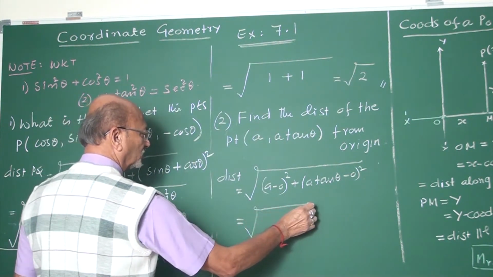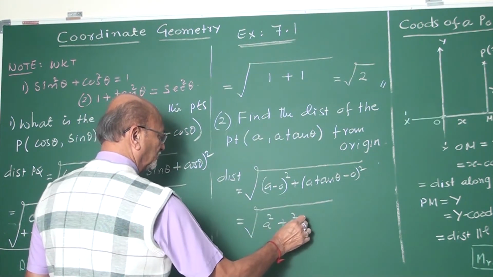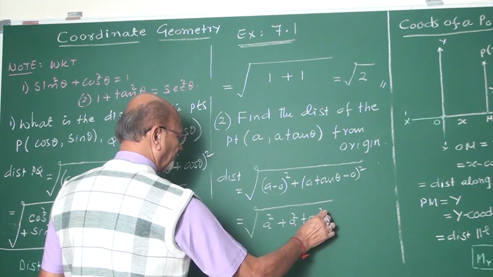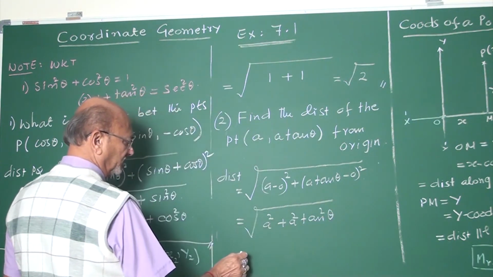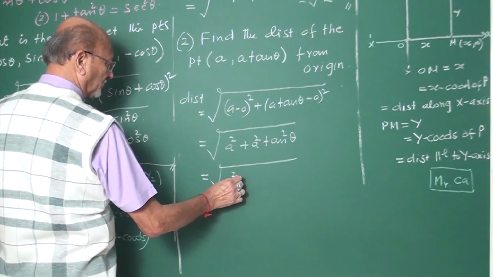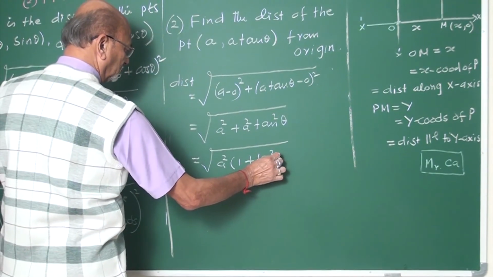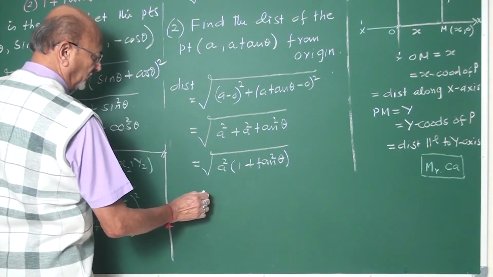It is the square root, my friend, of A square plus A square tan square theta. Simplify: A square is common, so 1 plus tan square theta. Tell me, what is 1 plus tan square?